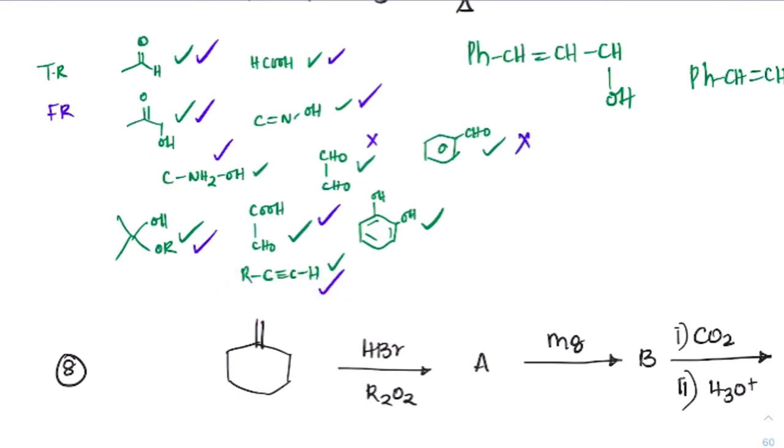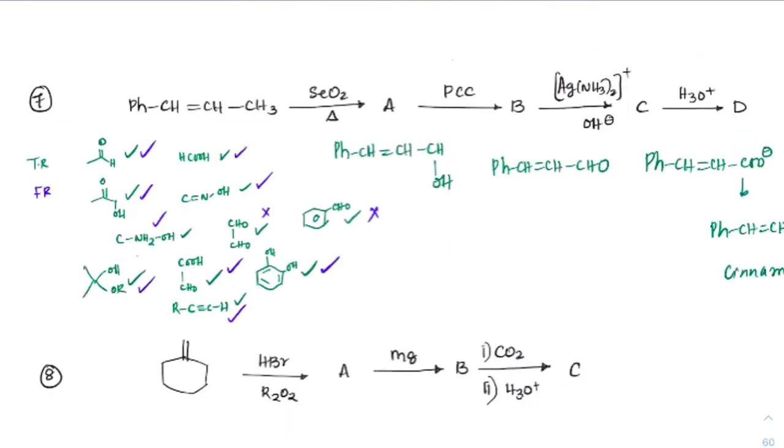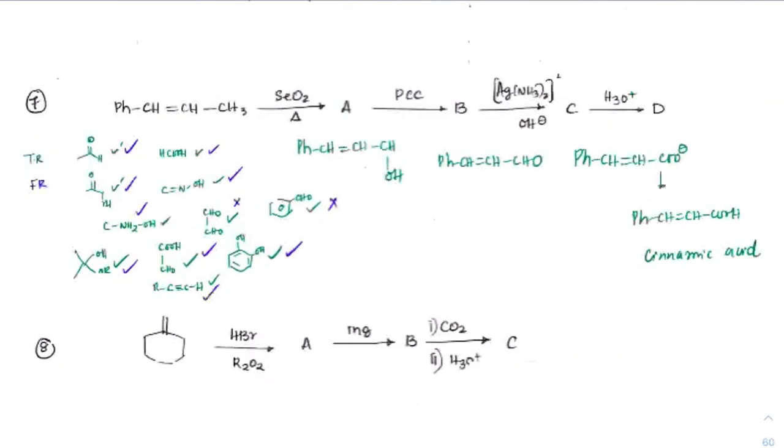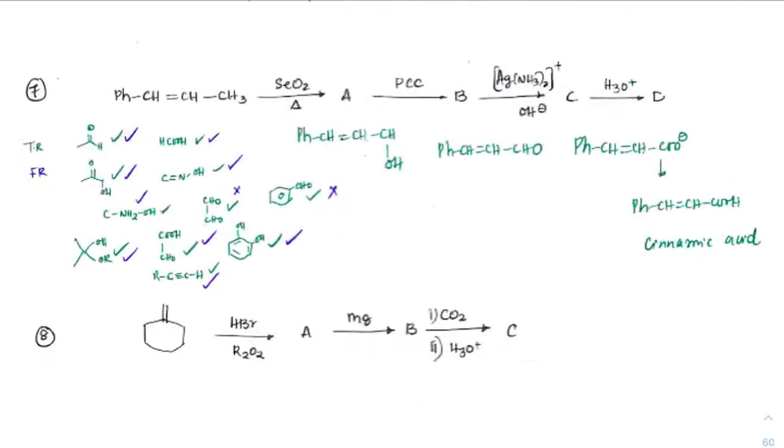So this one no. This one yes. Fehling's and Benedict's are the same. Glucose yes. Fructose yes. Sucrose no. Sucrose is an acetal. So I'll write that also, OR and OR'. Any acetal form, big no.